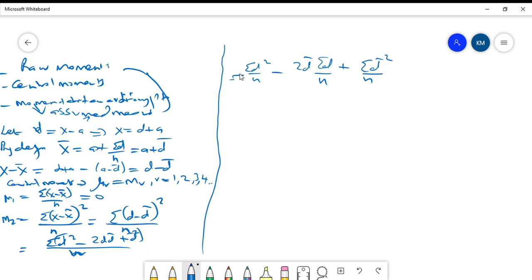So the second central moment is equal to summation d squared over n minus 2 d bar, and summation d over n is another d bar, so this gives d bar squared, plus n d bar squared over n, where the n's cancel, leaving d bar squared. These two terms are like terms, so simplifying, we get summation d squared over n minus one d bar squared.